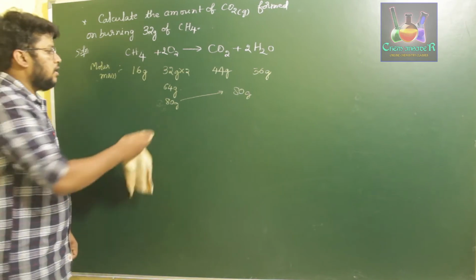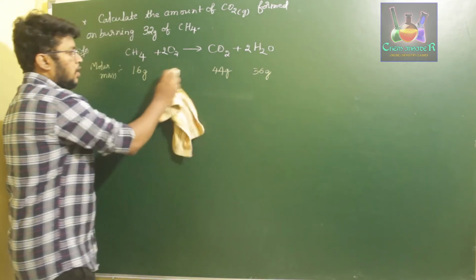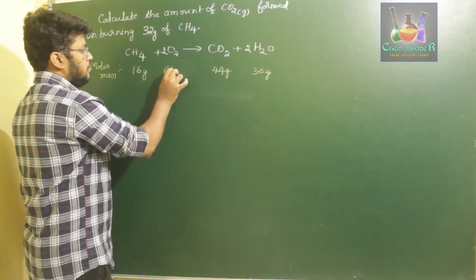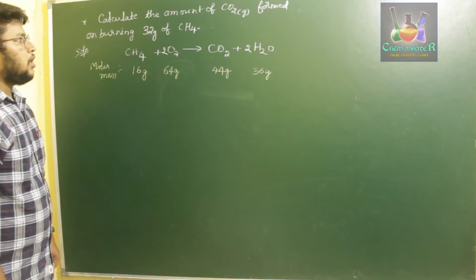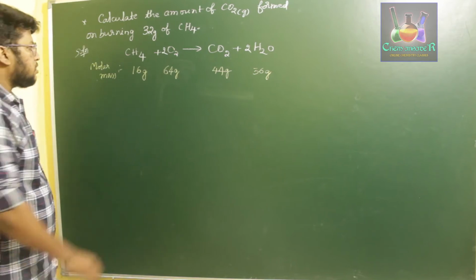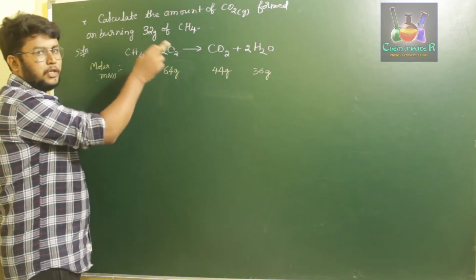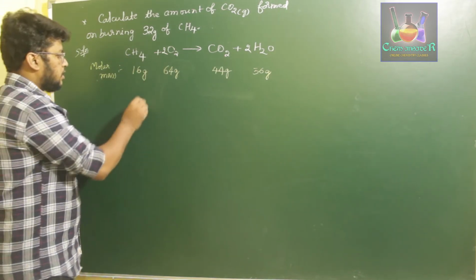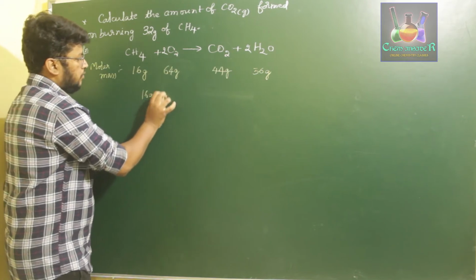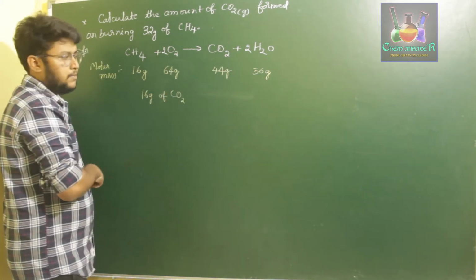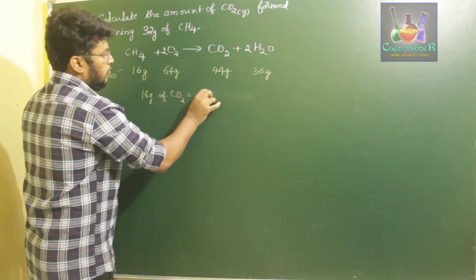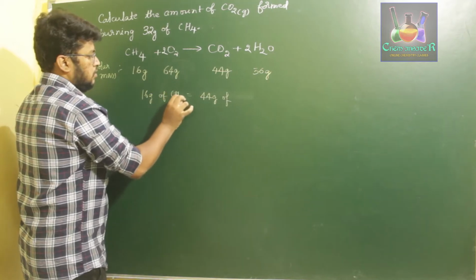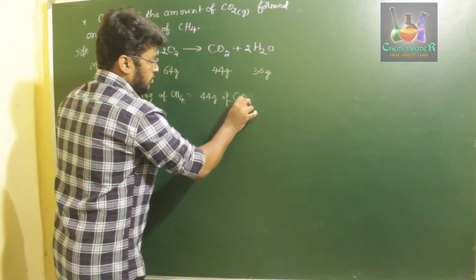Once this is done, now we are going to discuss how to calculate the amount of carbon dioxide formed. In order to find the amount of carbon dioxide formed, first we are going to observe the reaction and determine how many grams of carbon dioxide can be formed from 16 grams of CH4. 16 grams of CH4 gives us 44 grams of carbon dioxide.